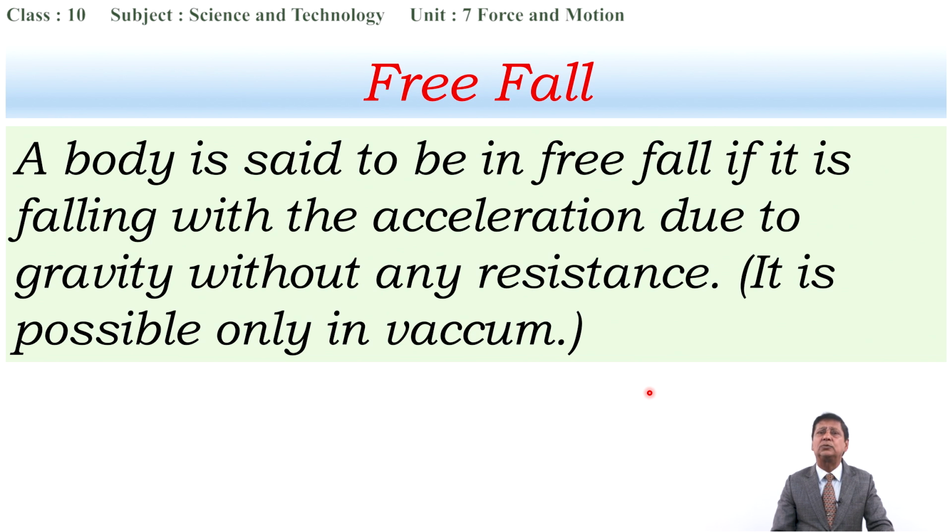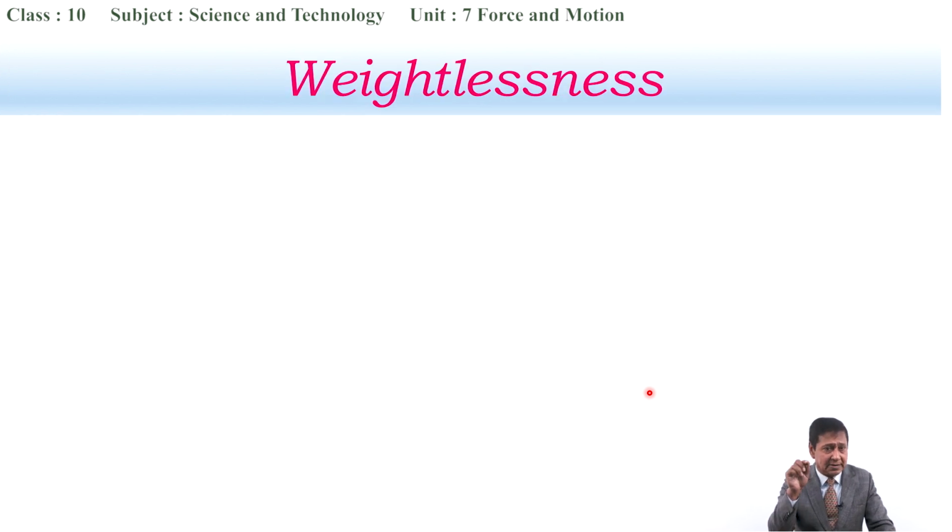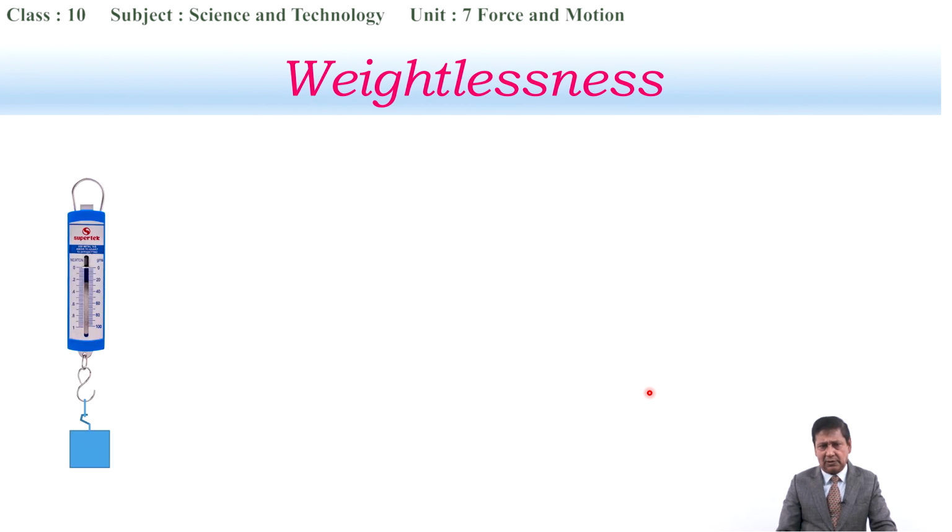But what is weightlessness? To understand clearly what is weightlessness, I want to give one example. Look at this, this is a spring balance, and let's say we are going to take the weight of a body. Here the body is suspended. Spring balance is used to measure the weight of the body. Beam balance is used to measure the mass of the body.